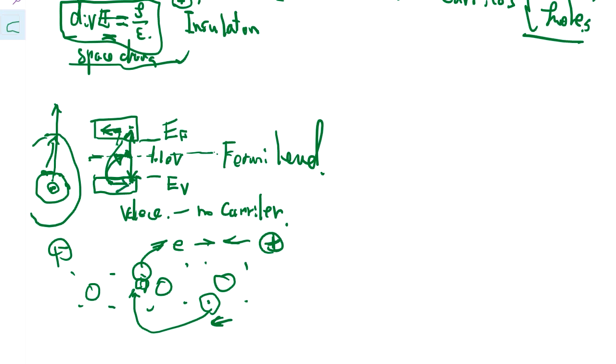Okay, so how many carriers exist? We call the electron carrier density usually N, and the hole P.